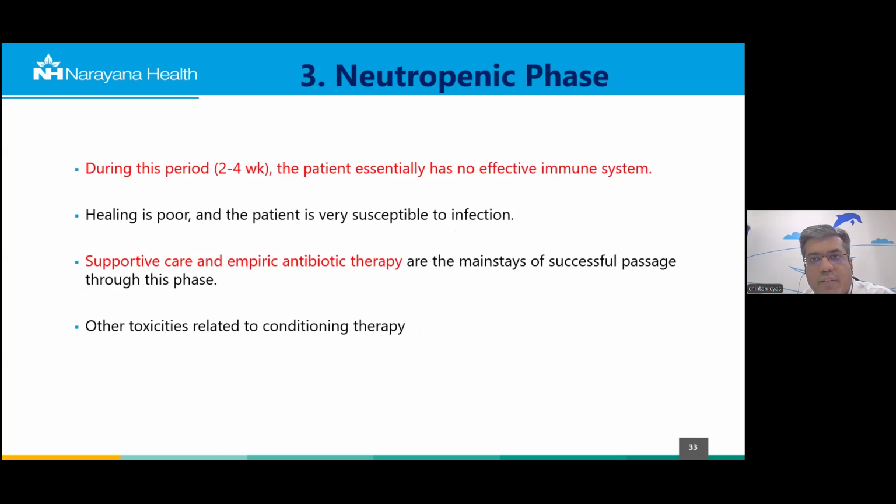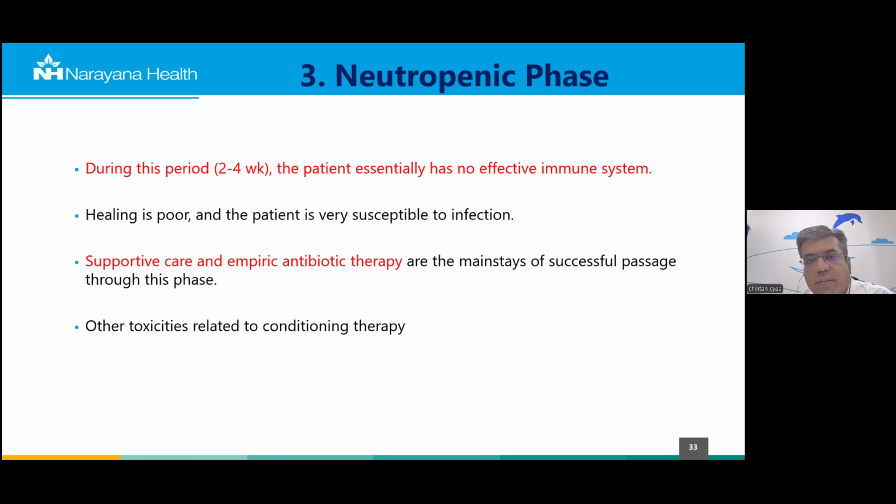The third phase is the neutropenic phase, meaning you have given the conditioning, you have given the stem cells. Now there is a period when you are dealing with low blood counts, particularly low hemoglobin, WBC, and platelets. This period usually lasts for 2 to 4 weeks. And during this period, you practically do not have any immunity. So your child is sitting with no immunity and at risk of very high infection.